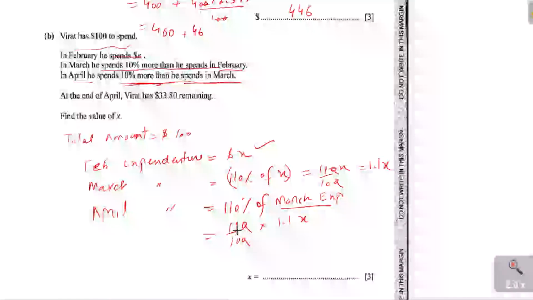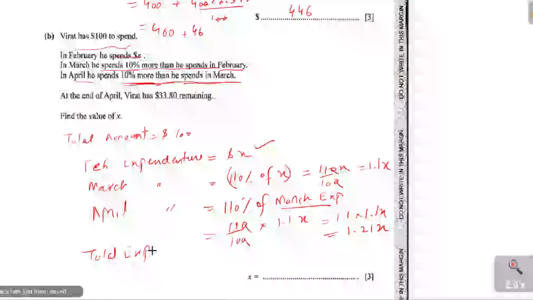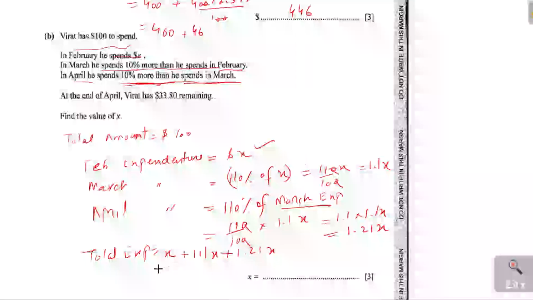The zero will be cancelled and we can write 11 over 10 is 1.1, times 1.1x, and this value is equal to 1.21x. And the total expenditure will be equal to x plus 1.1x plus 1.21x. This will be equal to 3.31x.